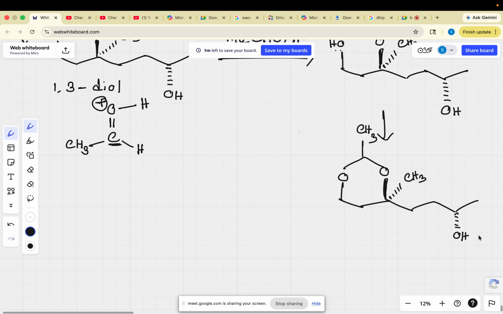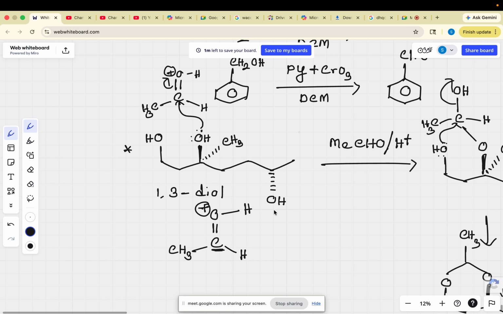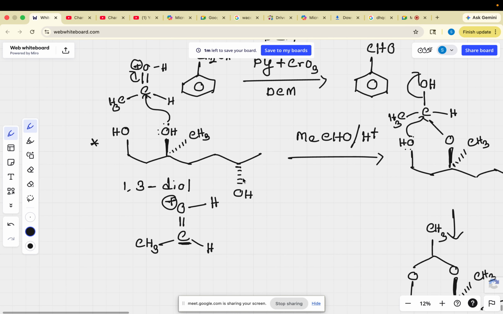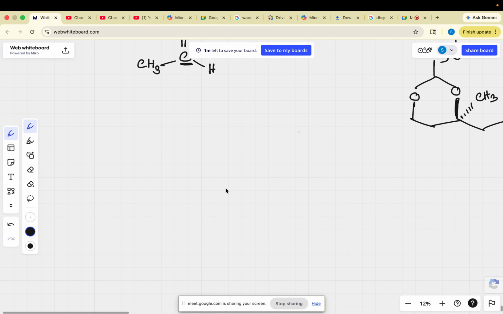Clear? So this OH is now kept free, right? Now you can ask me, sir, why is this OH not reacting? Basically you need this kind of syn relationship. This kind of syn relationship you need to react, like here both the OH groups are reacting one by one. But this OH is present on the opposite side, so it cannot react.